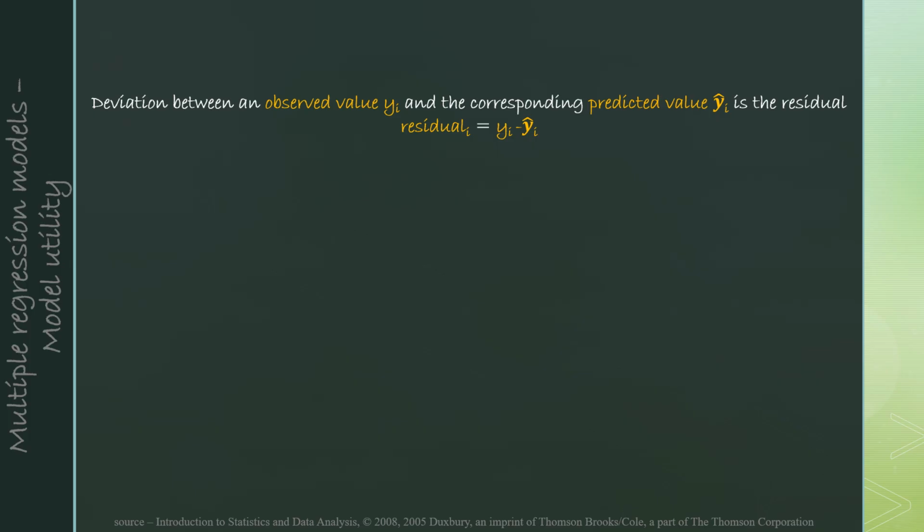Deviation between an observed value yi and the corresponding predicted value yi hat is the residual. Residual i equals yi minus yi hat.